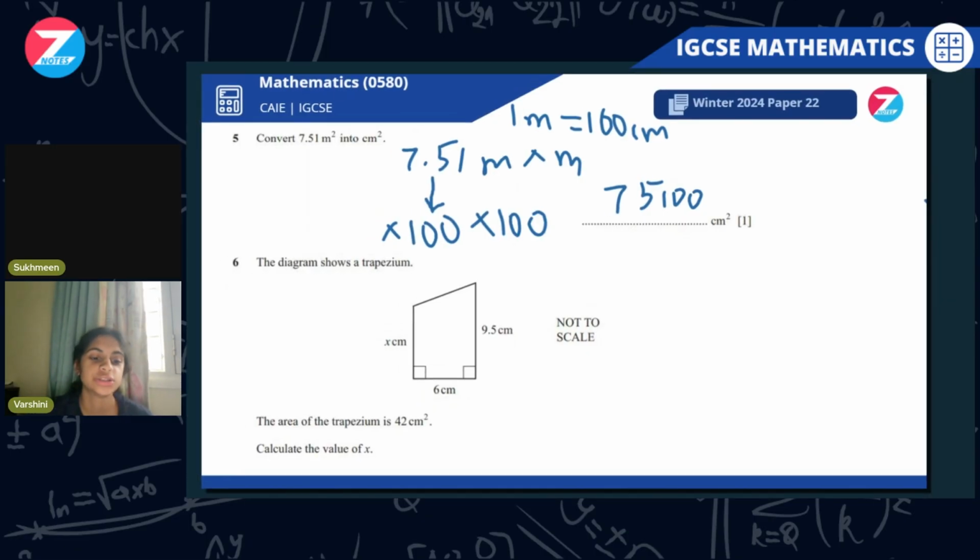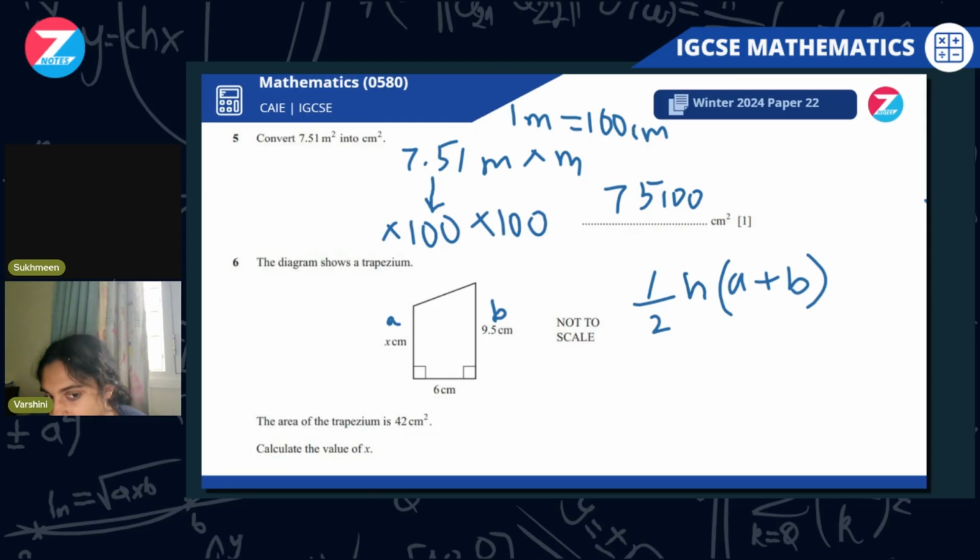Okay. So we know that for a trapezium, the area formula is half h into a plus b, where a plus b is the parallel sides. In this scenario, x is going to be a and 9.5 is going to be b, or you could take it the other way around, but it doesn't matter.